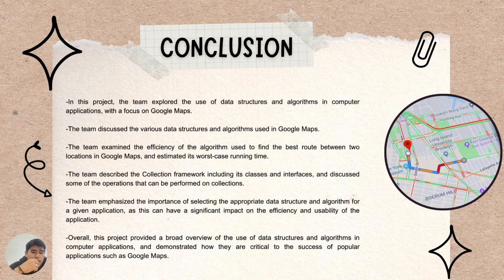Overall, this project provides a broad overview of the use of data structures and algorithms in computer applications and demonstrates how they are critical to the success of popular applications such as Google Maps.